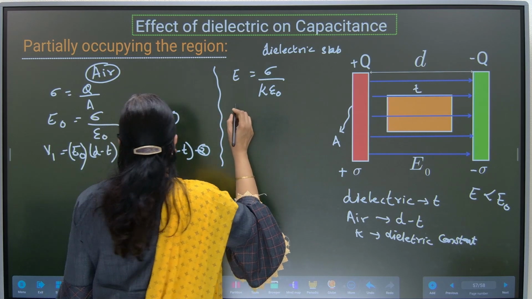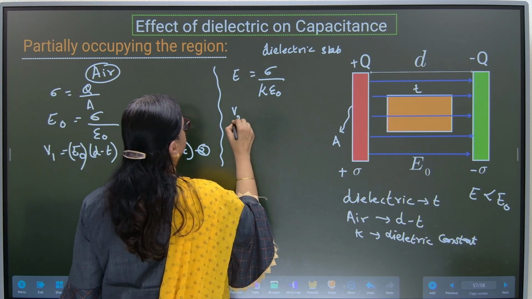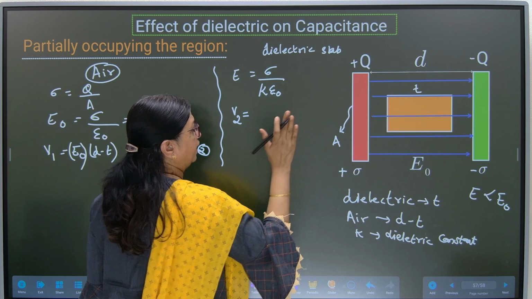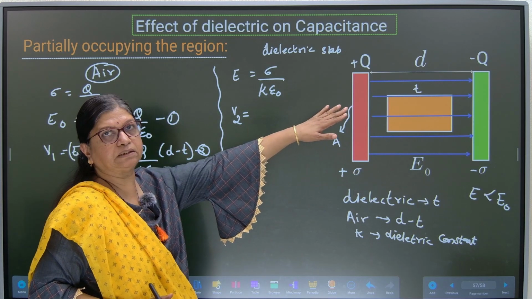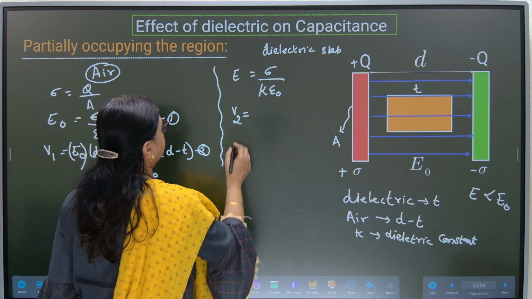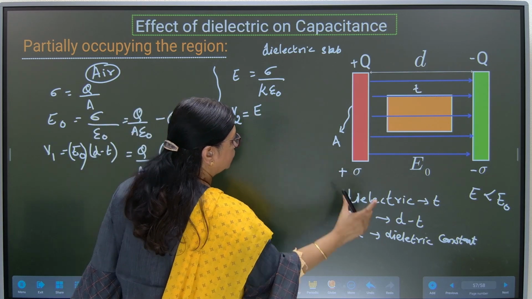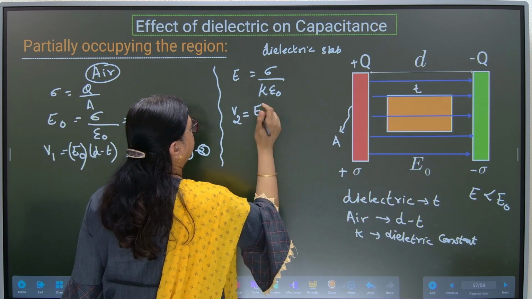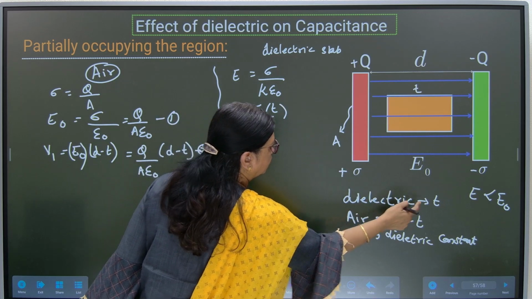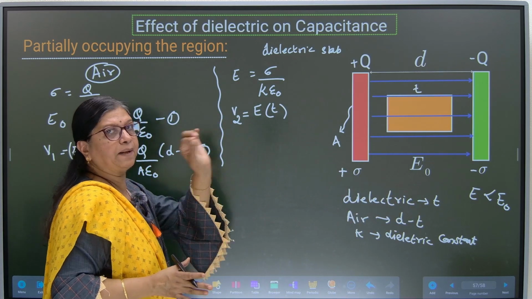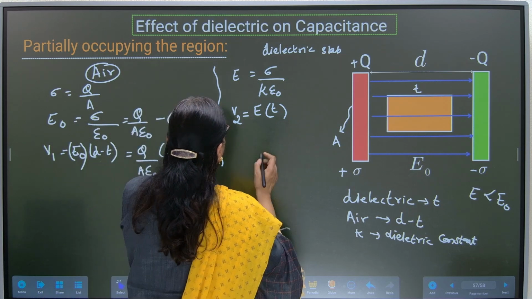So what is V2 then? The potential difference between the plates when the slab is kept is equal to E times the distance. What is the distance for the dielectric? The thickness of the dielectric slab is T.